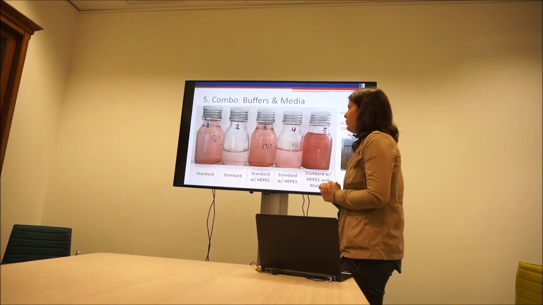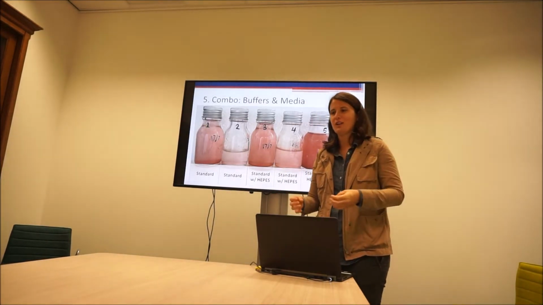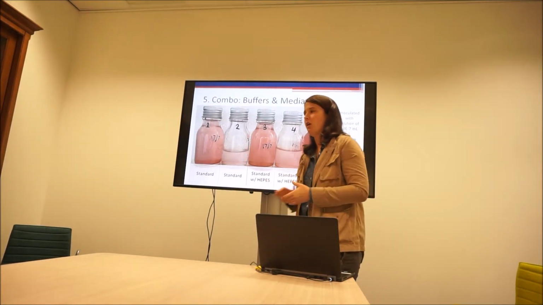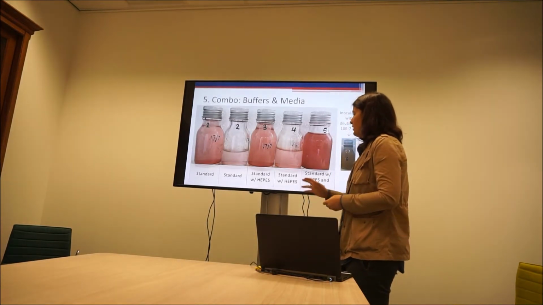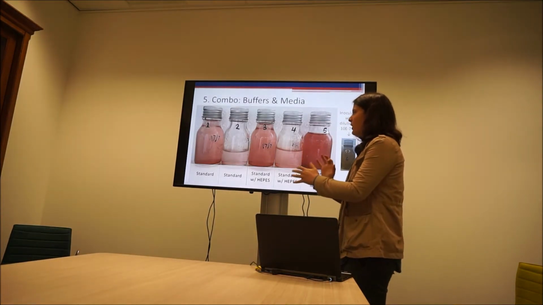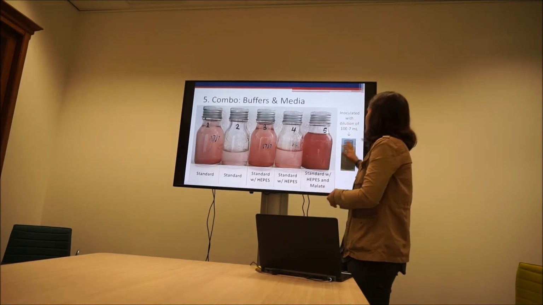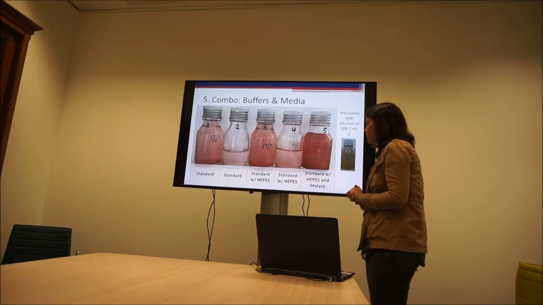And the next experiment we did was kind of a combination of the last couple of experiments, just as an overarching test before we started going forward with more pure culture attempts. So we combined the HEPES buffers and anaerobic and aerobic conditions, and we inoculated it with the liquid dilution number 6.